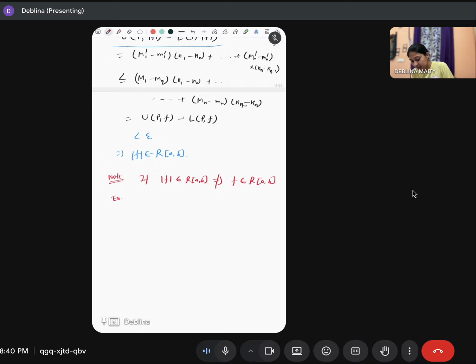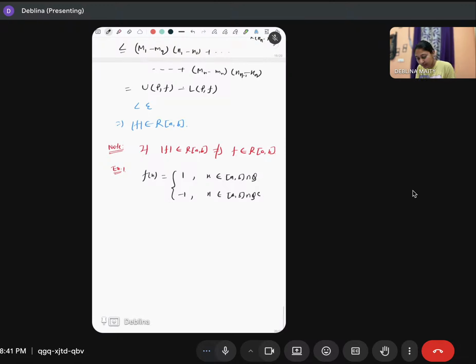The example is, if we take the function f(x) to be 1 when x is rational and minus 1 when x is irrational, then what is mod f?